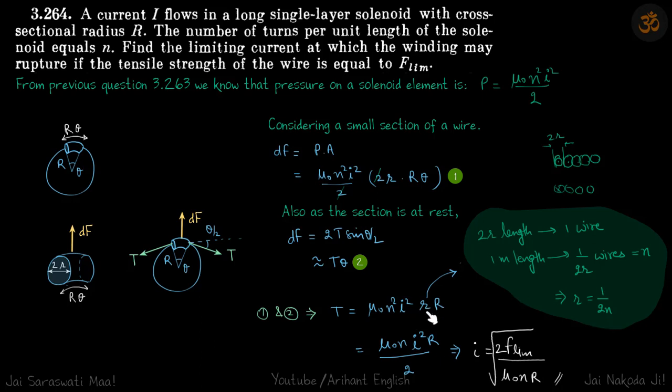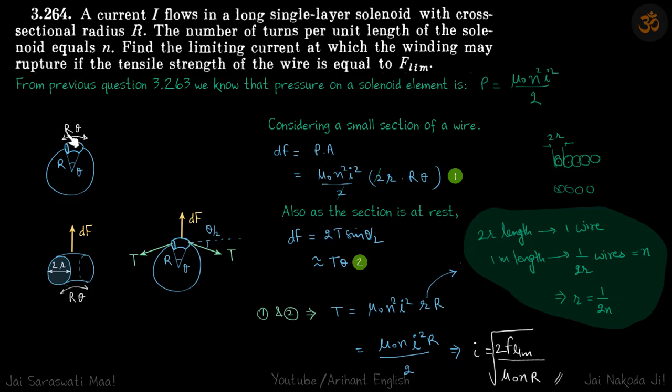So we'll put the value of r as 1 by 2N here, and N is given in the question. We simplify this, and we are given that the maximum tension the wire can handle is F limited. So when T is F limited, the value of I will be this much. That is our answer.